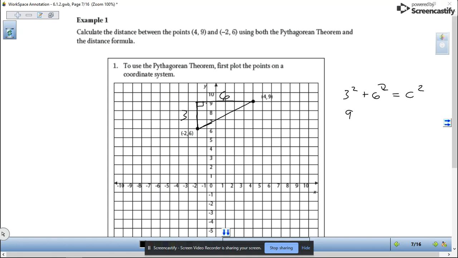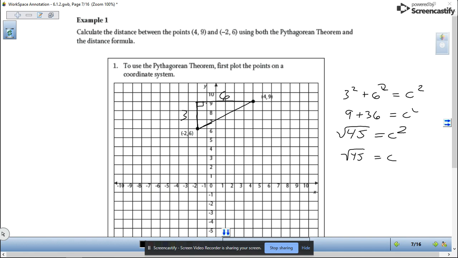All right, so that's 9 plus 36 equals c squared, which is 45. And we need to square root. So it's the square root of 45.